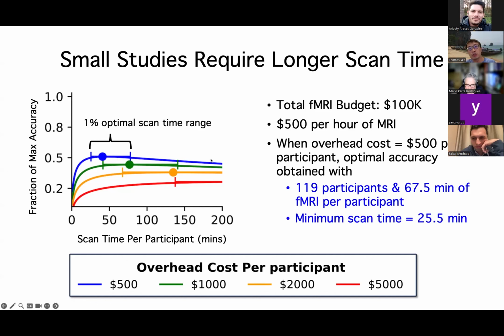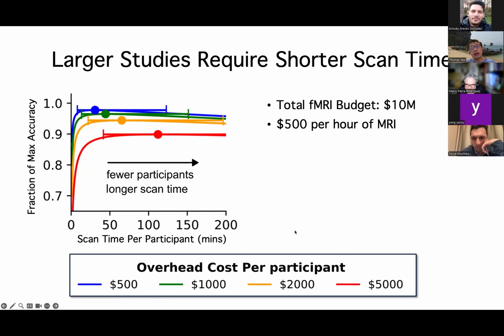So when overhead cost per participant is, let's say, $500, the blue curve, then the maximum prediction accuracy is obtained with 119 participants and 67 minutes of fMRI per participant. Now, if we relax the threshold a bit and only consider 1% of maximum accuracy, at the minimum we need to collect at least 25 minutes of fMRI, which is much longer than what most studies collect.